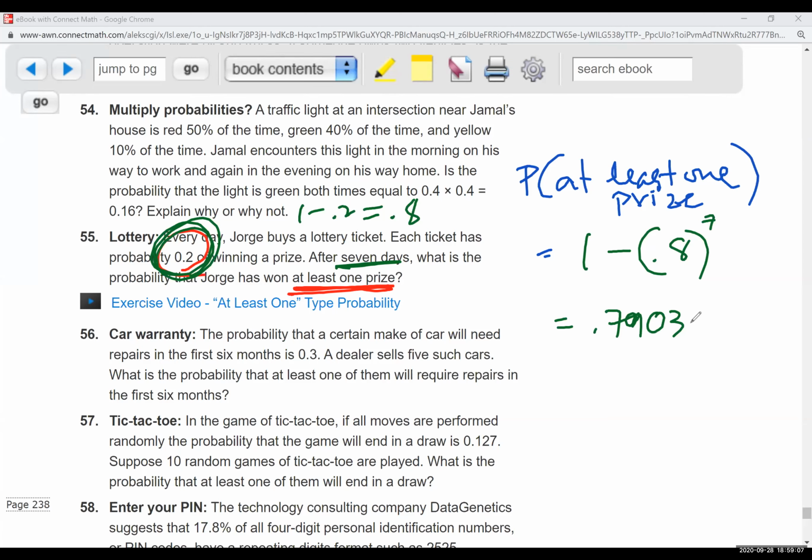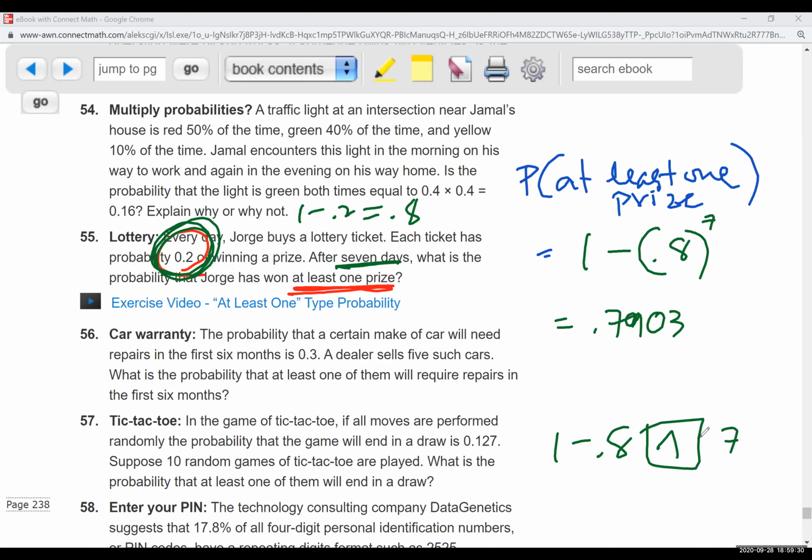Is there an easy way to do the 7th degree on the calculator, or do we just have to do 0.8 times 0.8 times...? Oh no, 1 minus 0.8, the caret sign, raised to 7. So look at this symbol. Oh, I see it. Awesome. Thank you.